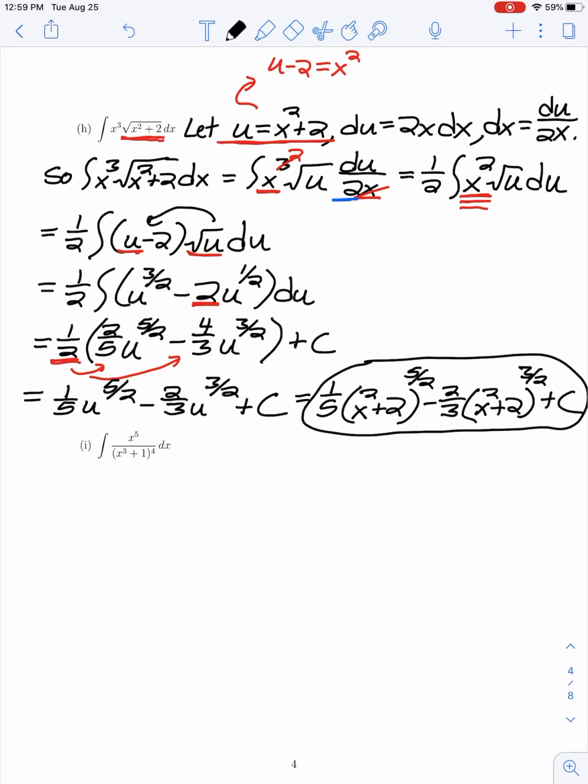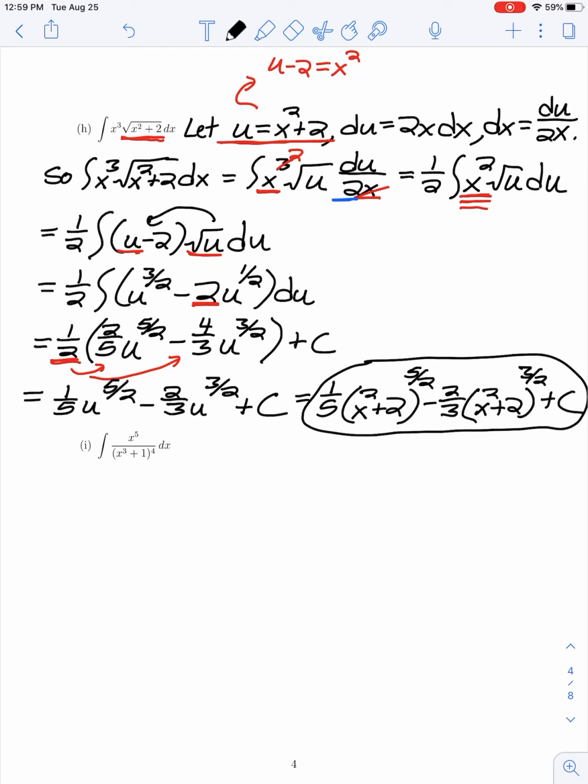And in that case, we can still try to make the substitution work by looking back at our choice for u and solving for that term that we're left with. In this case, we solved for x squared in terms of u, and then we were able to write our entire integrand just in terms of the variable u instead of x. That's something that comes up with some of these substitution problems that can be a little bit tricky.